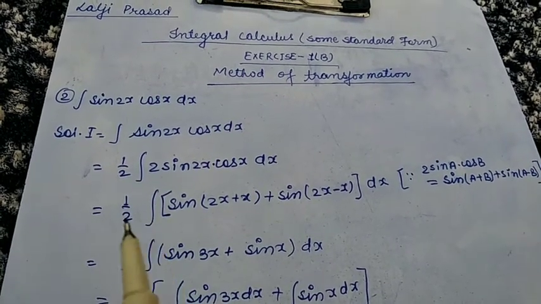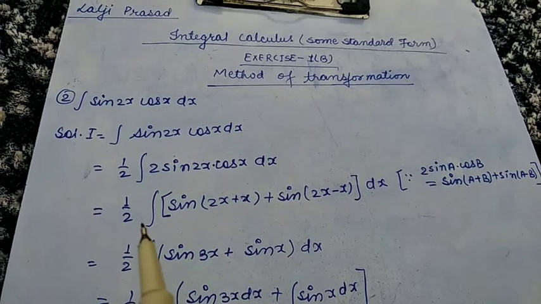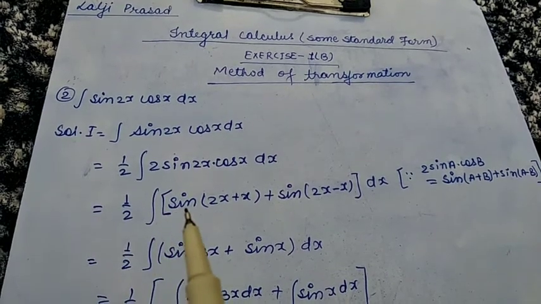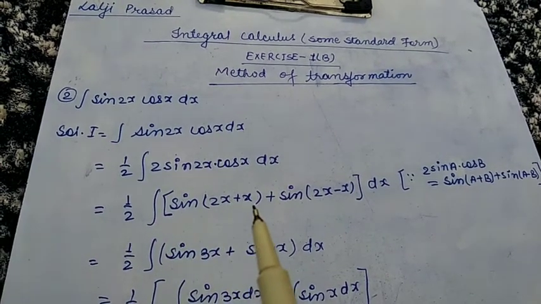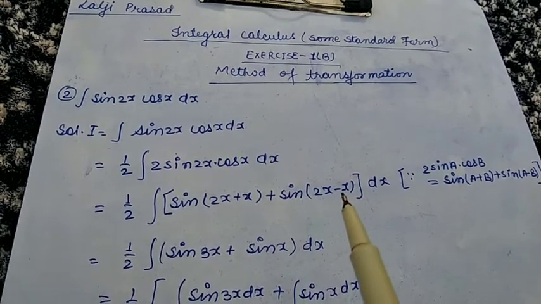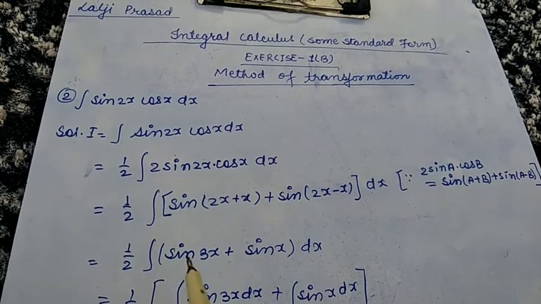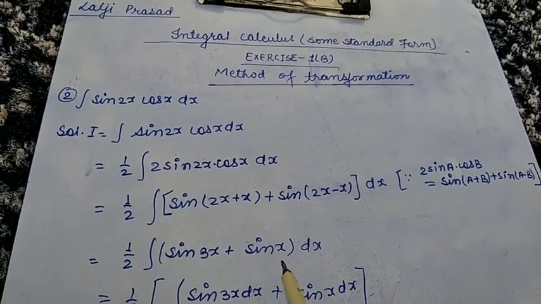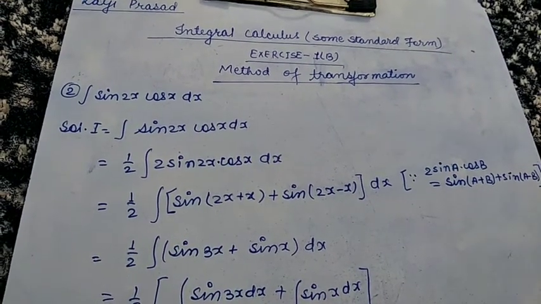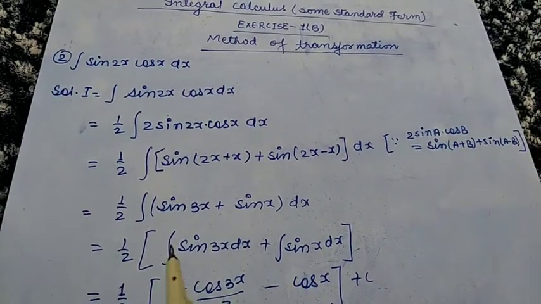So we can use the formula of 2 sin a cos b, which is sin(a plus b) plus sin(a minus b). Here we have used 1 upon 2 into integration of sin(2x plus x) plus sin(2x minus x) into dx. So it will be 1 upon 2 into integration of sin 3x plus sin x into dx. In the next step we have just integrated it individually.